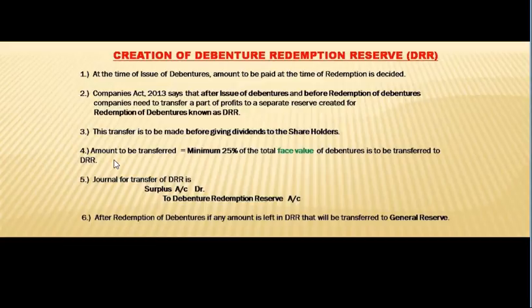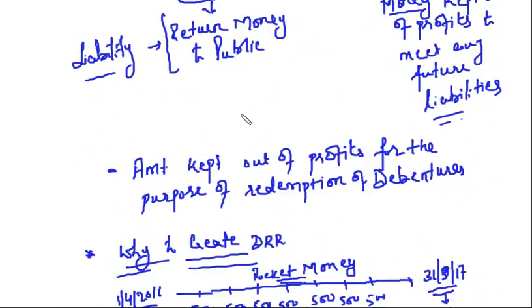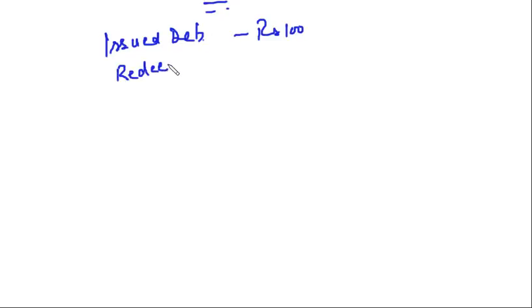Of the face value. That means if you have issued a debenture of rupees 100, which is to be redeemed at say 105, so we have to transfer 25% to the DRR.